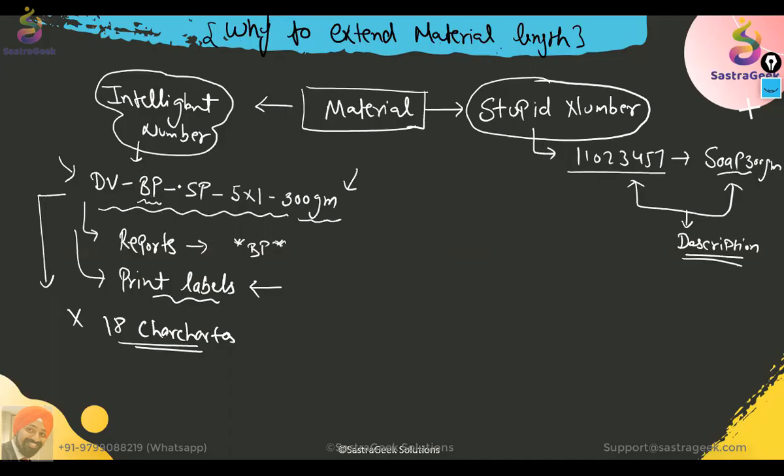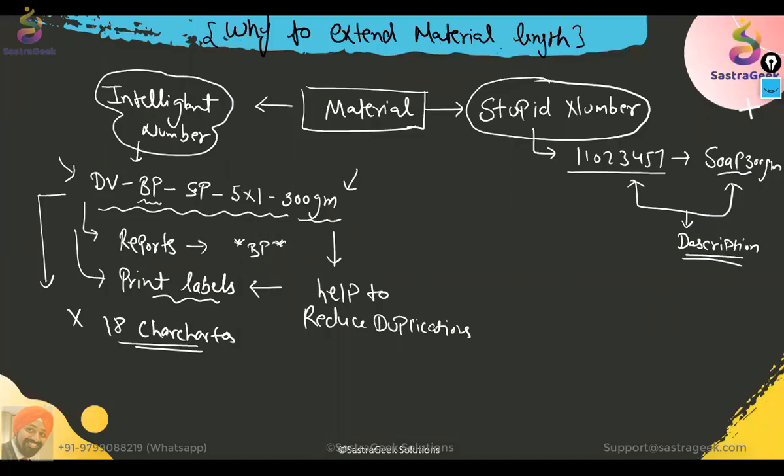Second, why does business want to adopt this kind of thing? It also helps to reduce duplications. How does it help? Once you have defined this nomenclature, anyone who needs to create a material needs to follow the same nomenclature.